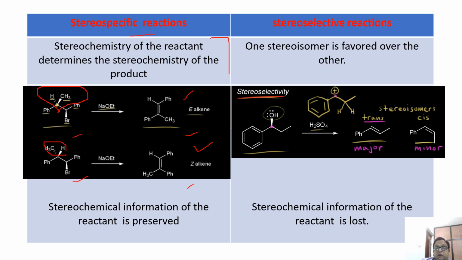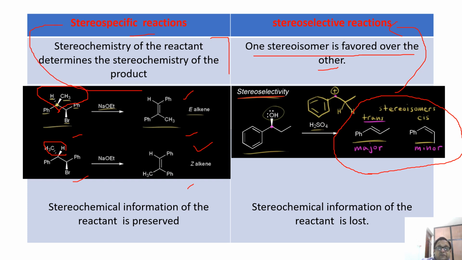But here we are getting both the isomers in which one is major, another is minor. Means one stereoisomer is favored over the other. So such type of situation is called stereoselective reaction, and this type of reaction is called stereospecific reaction.